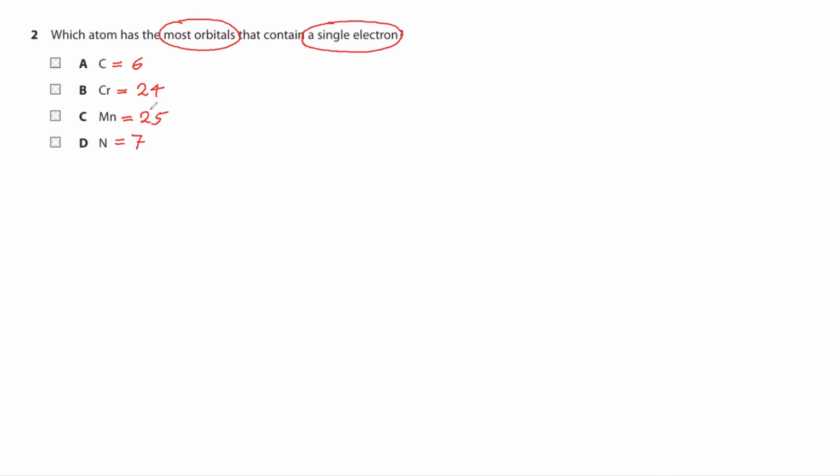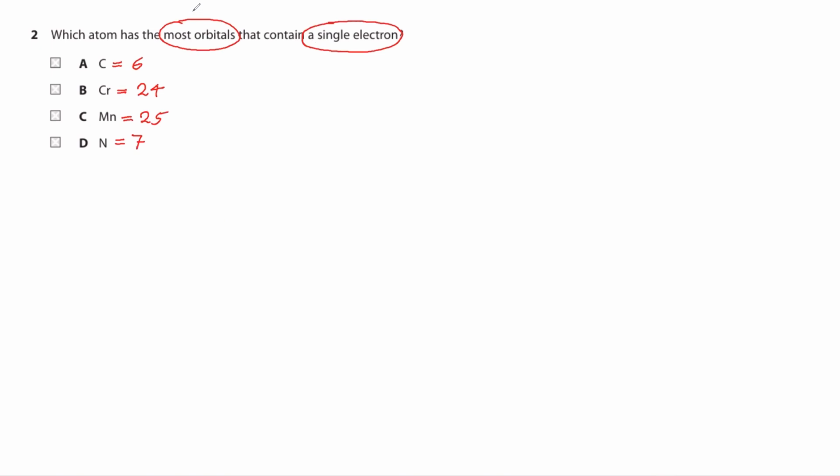When we look at these numbers, we know that the number of protons is equal to the number of electrons if the atom is neutral. So if carbon has 6 protons, the number of electrons of that carbon atom is 6. The same way, the number of protons is equal to the number of electrons when the atom is neutral.